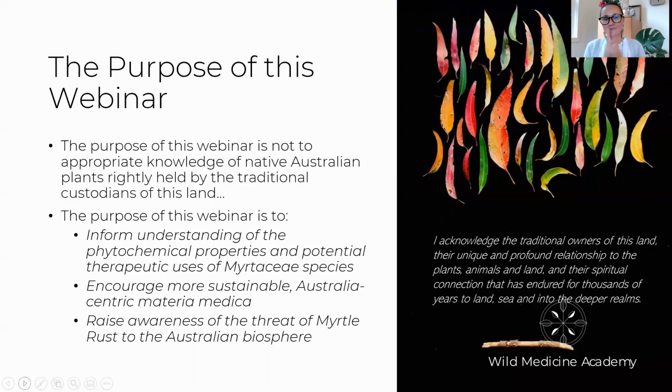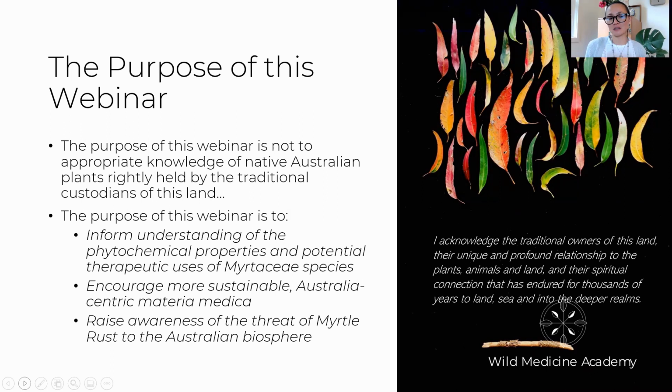The purpose of the webinar is really to do what we do well in herbal medicine, and that is to look at plants in terms of not only their structure and morphology and that sort of thing, but their phytochemistry as well. So modern phytotherapy and herbalism does this extremely well. We will look at the phytochemistry and how any particular phytochemical translates into potential therapeutic action.